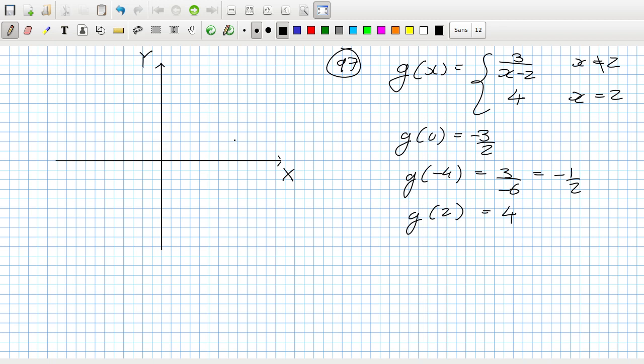Okay, so let's go like 1, 2, 3. 1, 2, 3. Minus 1, minus 2, minus 3. Minus 1, minus 2, minus 3. Now, there's what's called a singularity, or is it a pole, at 2. So I'll just put a dotted line here.